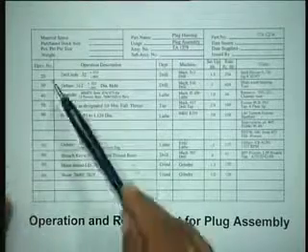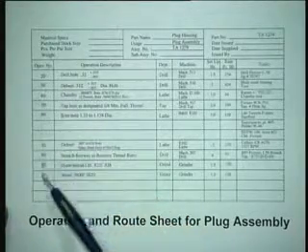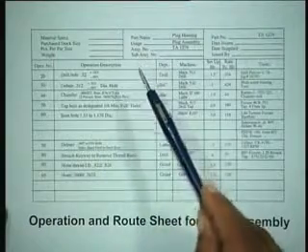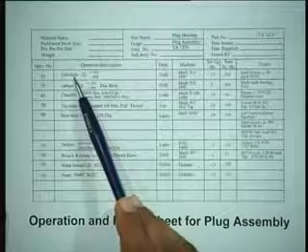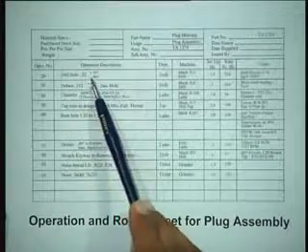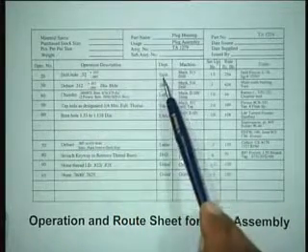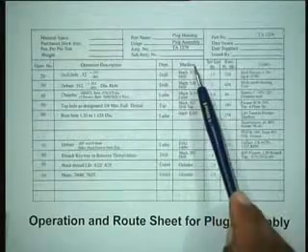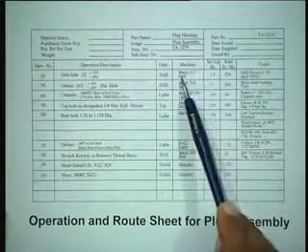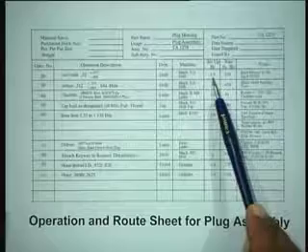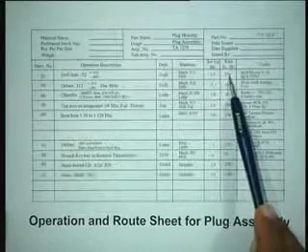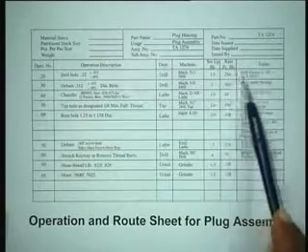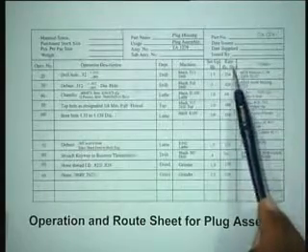This would describe the various operations that have to be performed on the plug assembly. Say the first operation is drill hole 0.32, the tolerances are given. This would be done in this department called drill. This is the machine which would be used for doing this. The setup time required for this is 1.5 hours, and the rate in pieces per hour is 254. The tools and fixtures are also specified here.